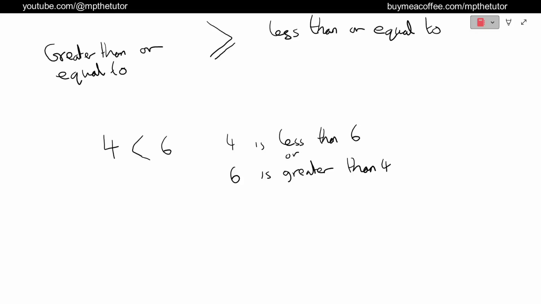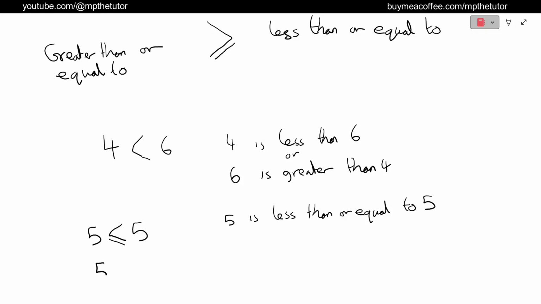Doesn't matter, they are both the same thing. If I had 5 arrow line 5, this is saying 5 is less than or equal to 5. So it's technically correct.